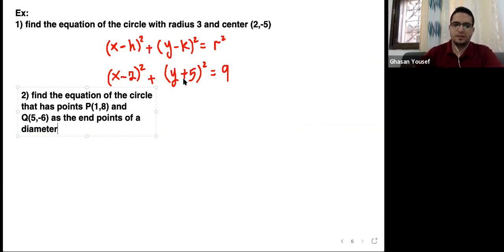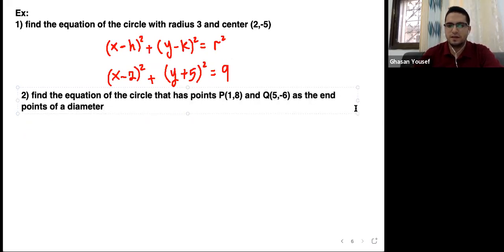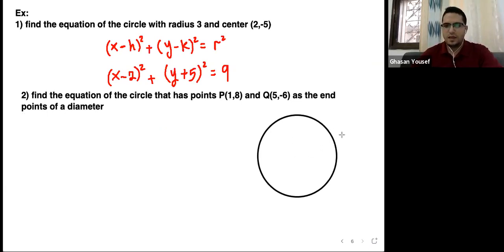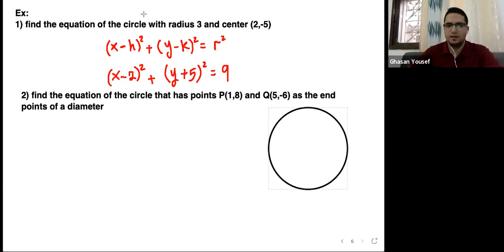Okay, so the second question says if I have a circle, and this circle looks like this, and I have a line passing through the center, it is called the diameter. This is the center of this circle.